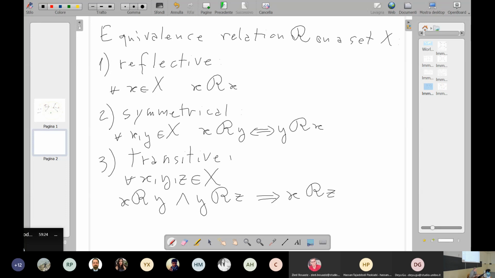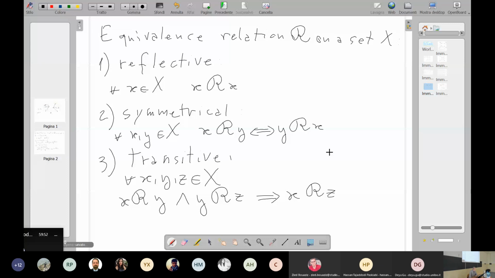Oh, symmetry for our particular relation. If you have a path going from x to y, the same path reversed is a path from y to x. We don't have a direction on our edges, okay? We are still far away from the chapter on directed graphs where direction is considered.